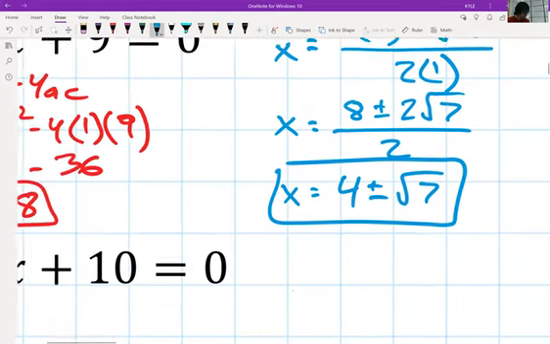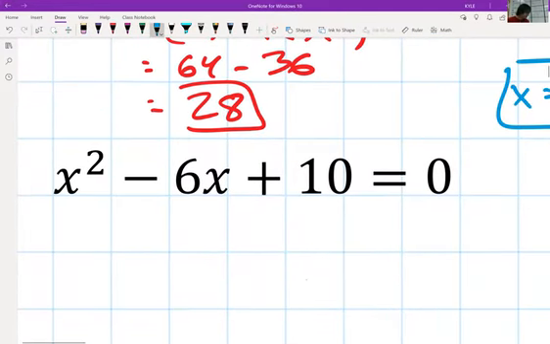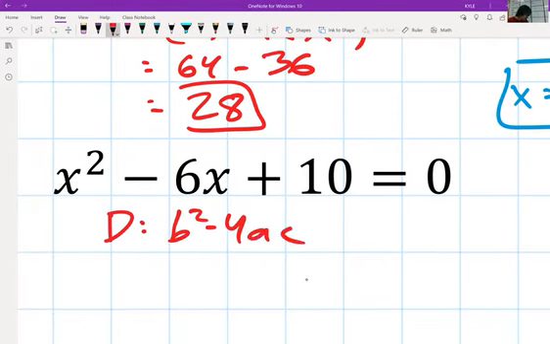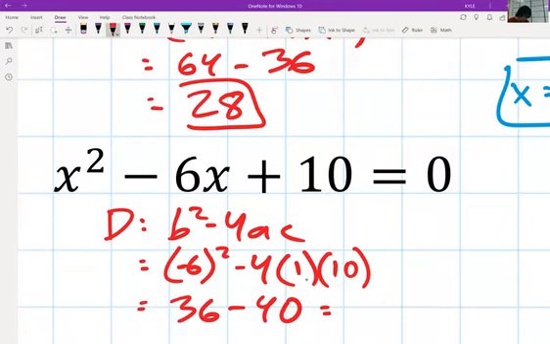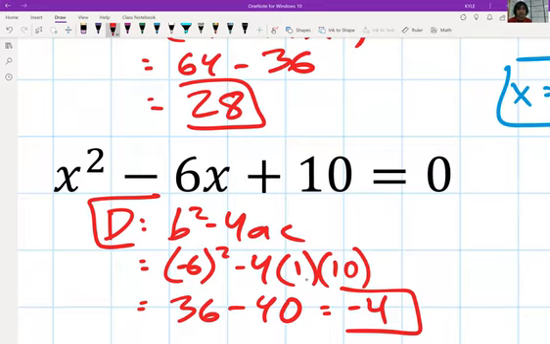One more. Discriminant. B squared minus 4ac, negative 6 squared minus 4 times 1 times 10. So 36 minus 40. Discriminant, negative 4.